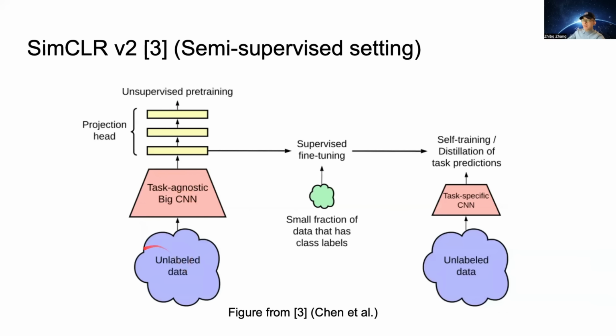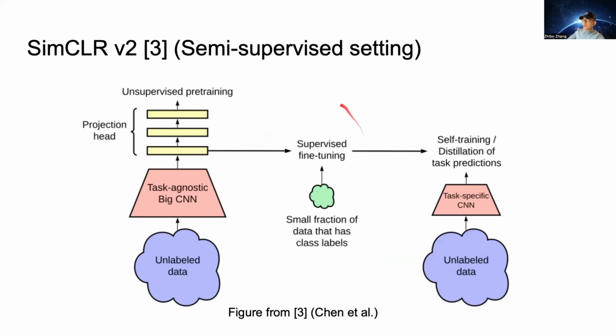So they train on the unlabeled data with a task-agnostic neural network, and then they attach a few layers of projection heads. Again, the projection heads are found to be useful for the model performance. They do this kind of unsupervised pre-training. Okay, this is the first stage.